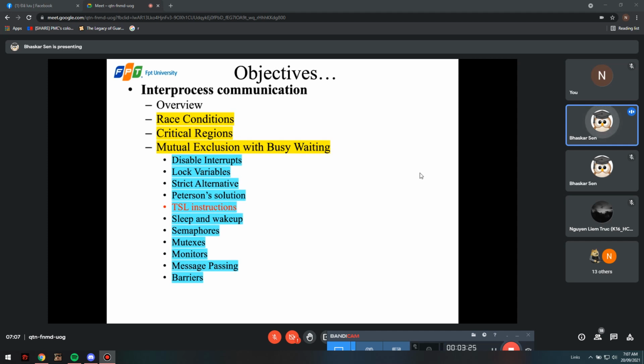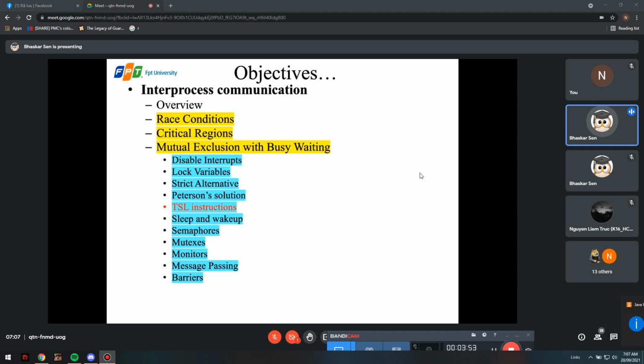Since we share data and share resources, there's a chance of overlapping, especially where there is a dependency present. That's the key word. Race condition doesn't really happen unless there's a dependency.